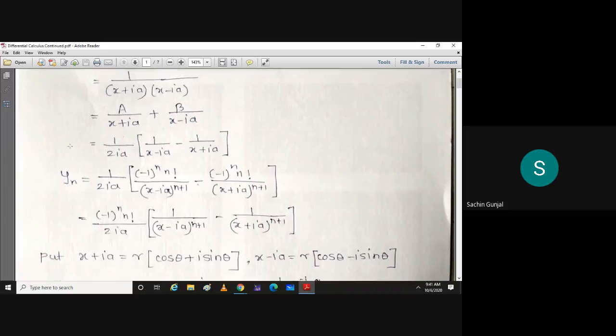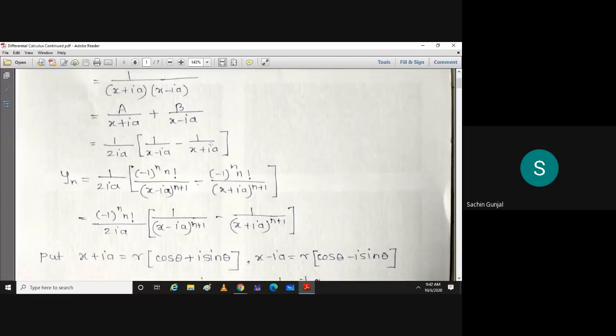So once you have this y, we know its nth derivative: 1 upon 2ai is a constant multiplier, so it will stay as it is. The nth derivative of 1 upon x minus ai is minus 1 raised to n into n factorial into a raised to n, where a is the coefficient of x, which is 1, upon x minus ai raised to n plus 1.